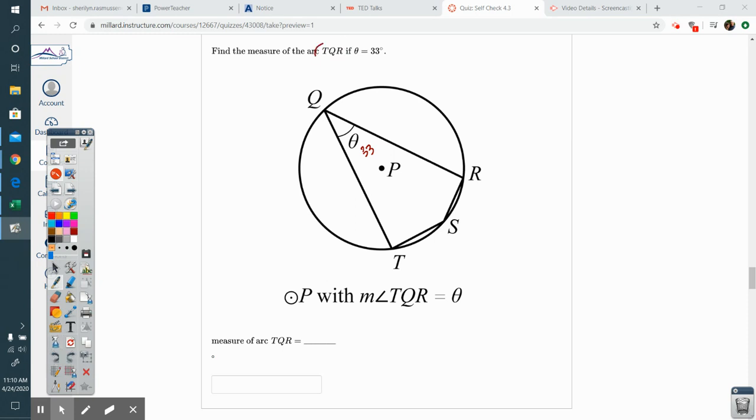It said TQR, and for TQR you start at the end and it comes around like this. So it's the opposite, it's all the other. When I first looked at it, I thought it was asking for this, and instead it was asking for this other part, that maroon part. So first, figure this: if the tip of this is 33, then the tip is the smallest, so you double that to get 66 out here.